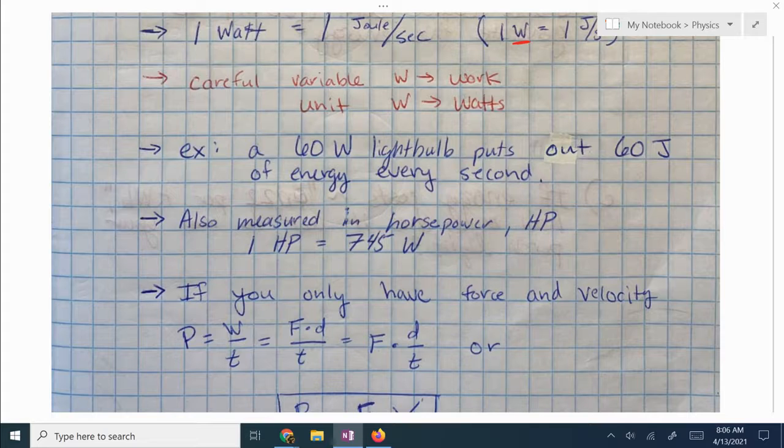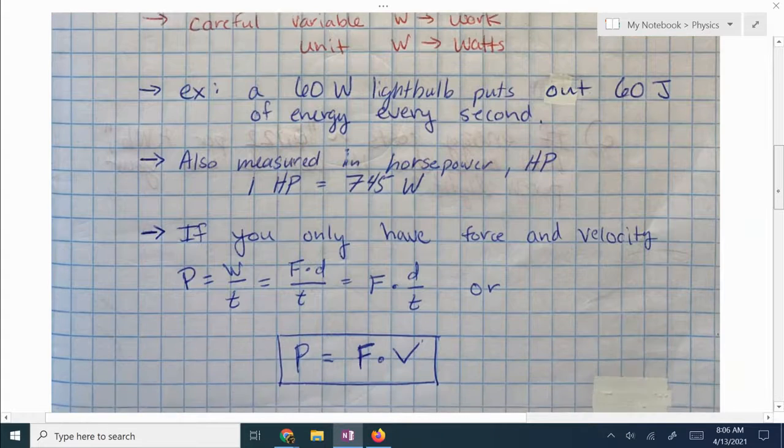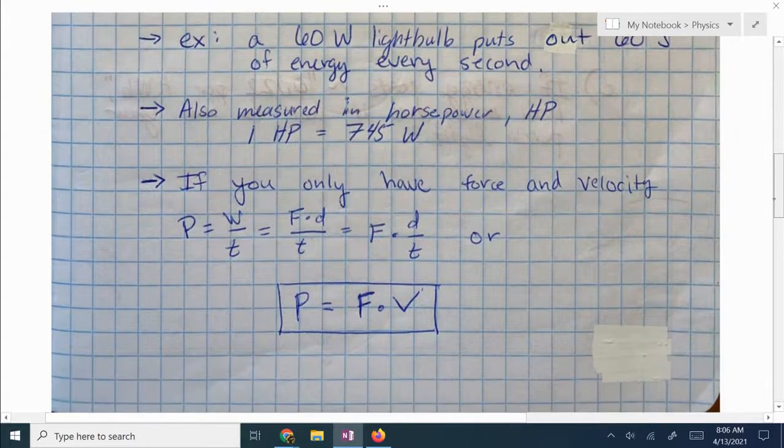When you think of a high-horsepower car, it's how quickly it can accelerate, which is how quickly it can convert things into kinetic energy. The higher the horsepower, the faster it can create kinetic energy and accelerate quickly. So 1 horsepower is equal to 745 watts. A watt is a pretty small unit, and horsepower is a pretty big unit.